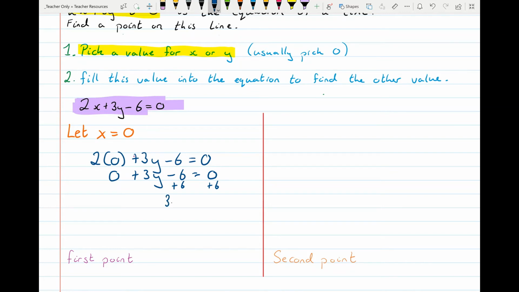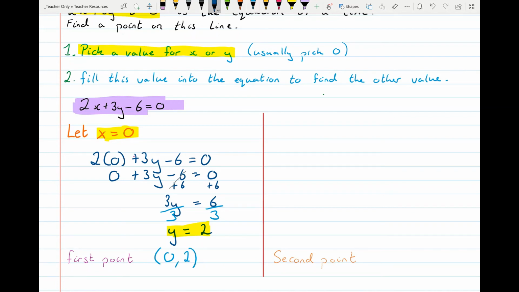So we're left with 3y equals 6, as the minus 6 and the plus 6 cancel each other out. We want to get 1y, so we're going to divide both sides by 3. And we're left with y equals 2. So when we filled in 0 for x, we got a y value of 2. So the first point on this line is going to be 0, 2. X is 0, y is 2.